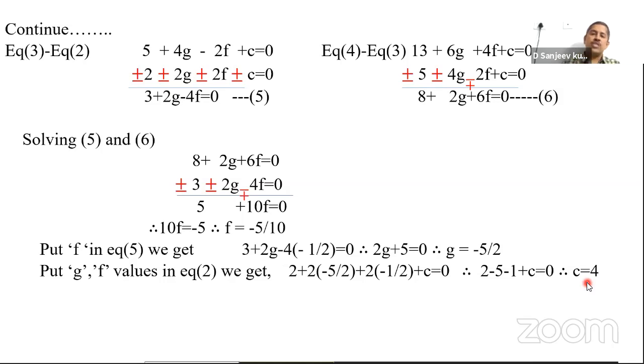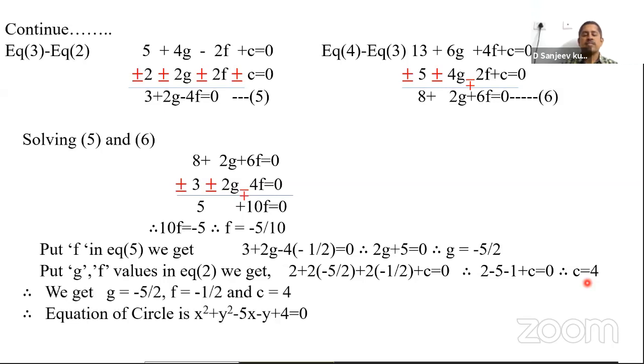So you got the value of g, the value of f, and now the value of c. So substitute in the equation of circle. What you get is x square plus y square plus 2gx, so 2 into minus 5 by 2 is minus 5x, plus 2fy, so 2 into minus 1 by 2 is minus y, plus c is equal to 0.